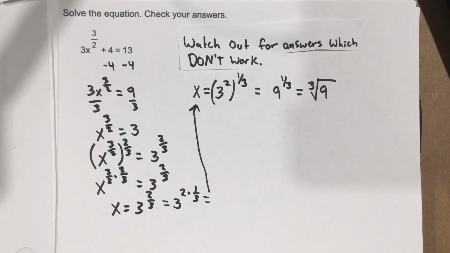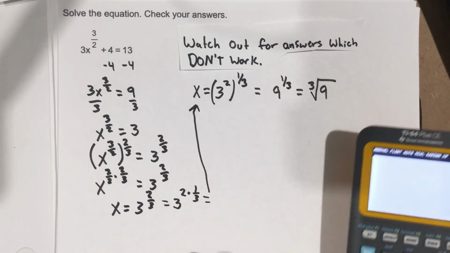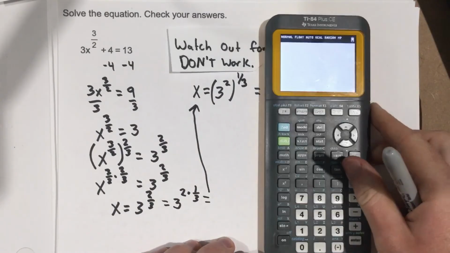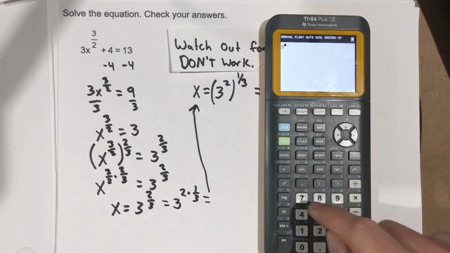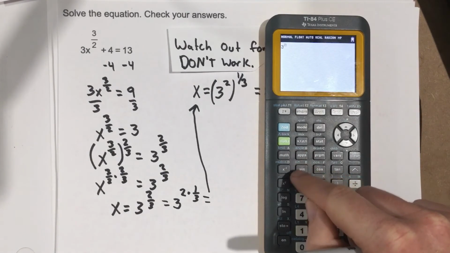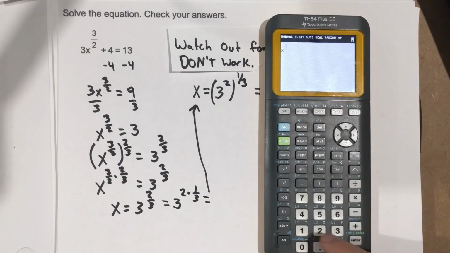Now, we want to check this answer. So here's what we're going to do. I'm going to take the 3 to the 2/3 and put it in the calculator. So 3 to the 2/3 is that number.